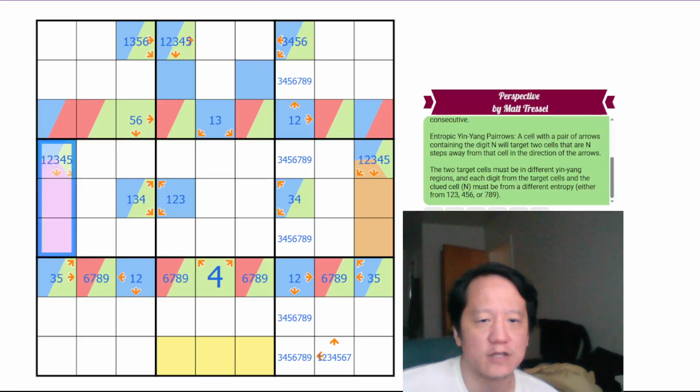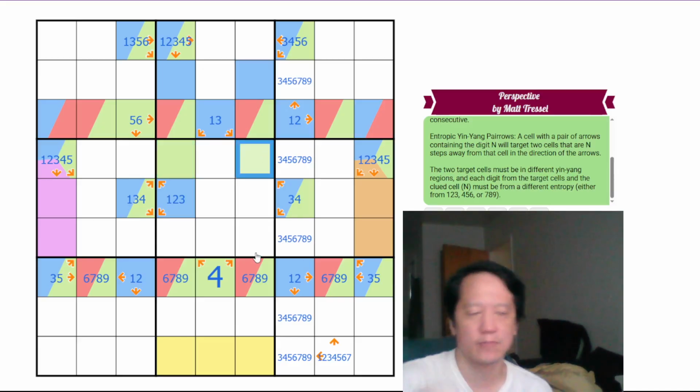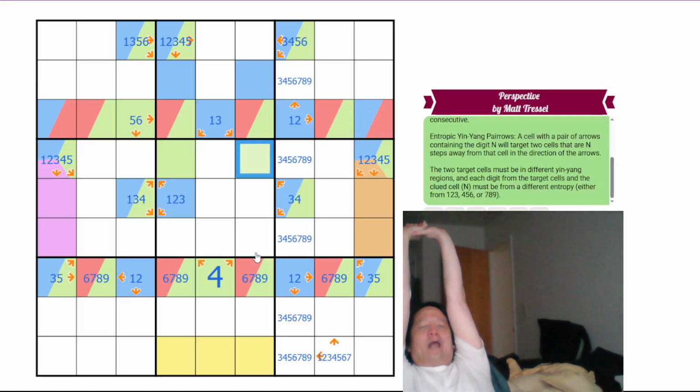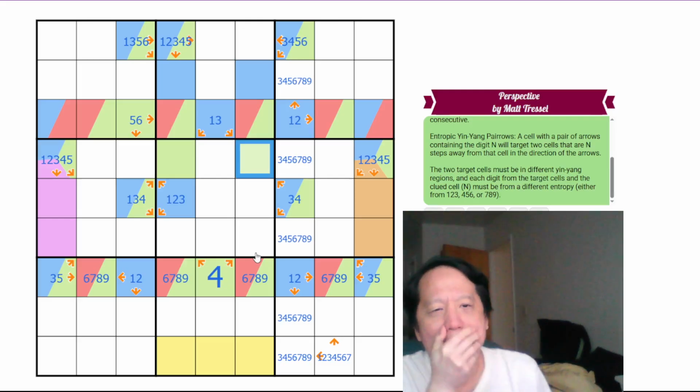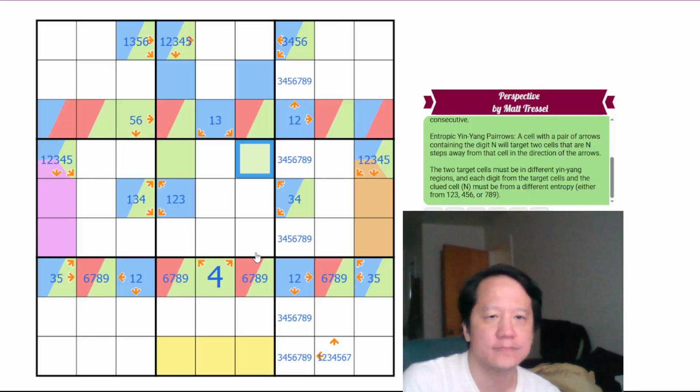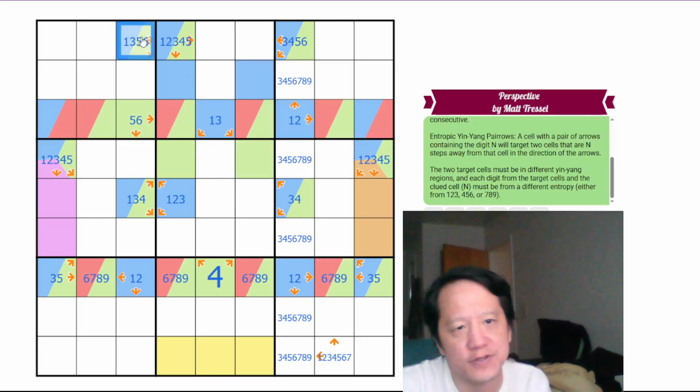So that's looking like it's fine. We do know this is green, or one of these is green. Okay. What happens if this is 1?